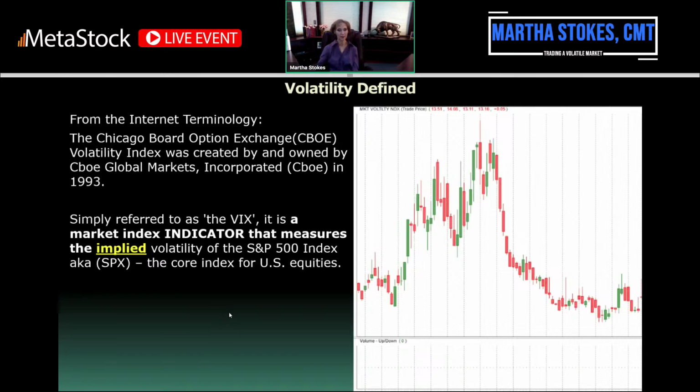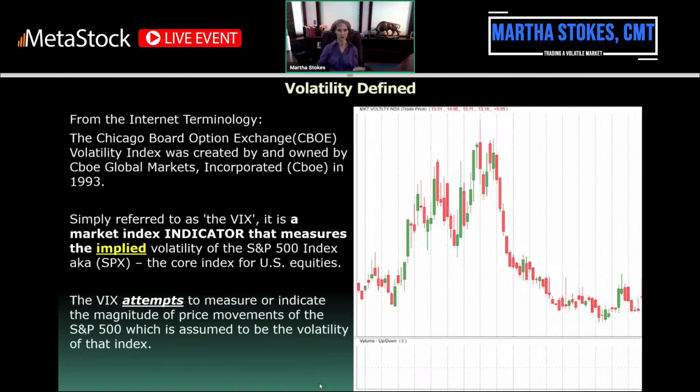So the S&P 500 index, also known as SPX, is the core index for the US equities, because it's the largest one that holds all the Fortune 500, top 500 companies in it. And so it is the major index that professionals and retail traders should use, because it has all of those in. The VIX attempts to measure or indicate the magnitude of price movements of the S&P 500, which is assumed to be the volatility of that index.